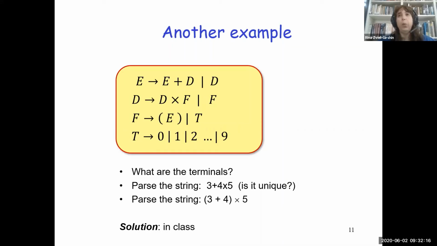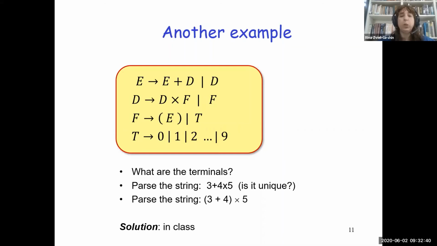And we have E derives E plus D or D. D derives D multiplication F or F. F derives E in brackets or T. T derives digits 0, 1, 2 till 9, decimal alphabet digits.